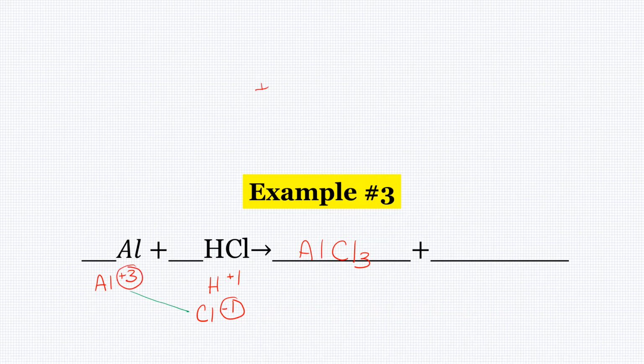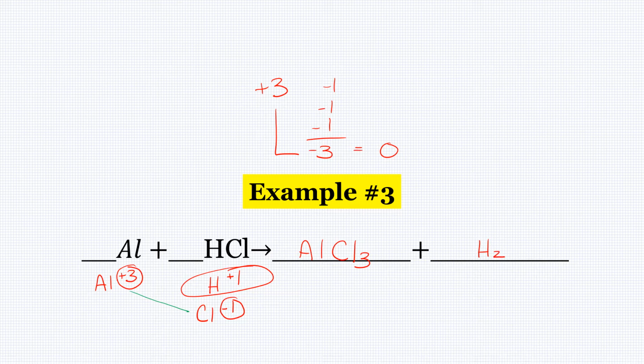So I need 3 chlorines to combine with my +3 to give me a net charge of 0. Okay, hydrogen's left over here. Hydrogen is diatomic, so I'm going to write a 2 afterwards to show that it's diatomic. Okay, so now it's just a matter of balancing our equation.